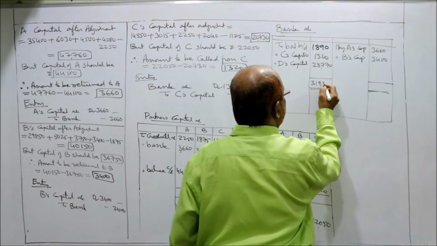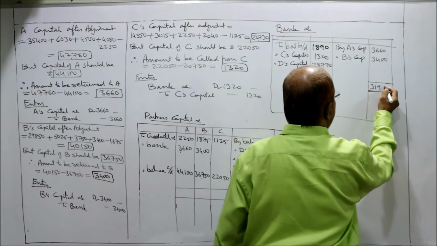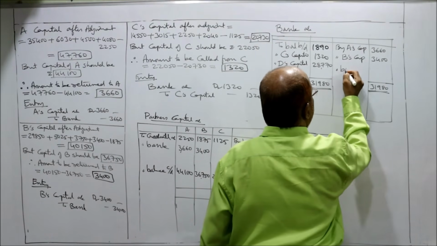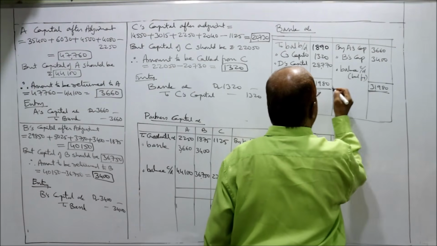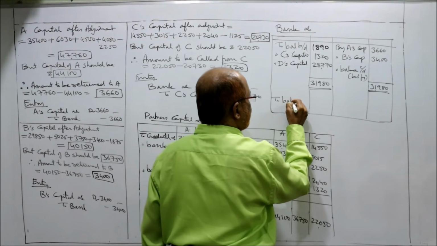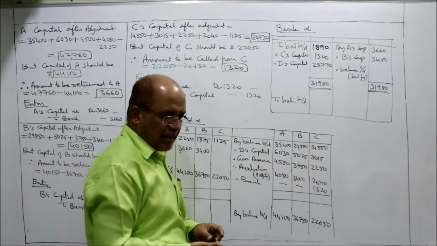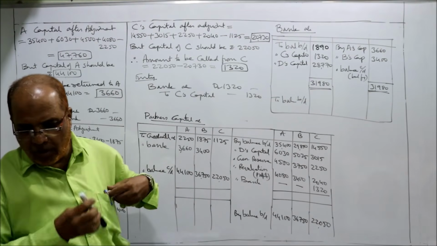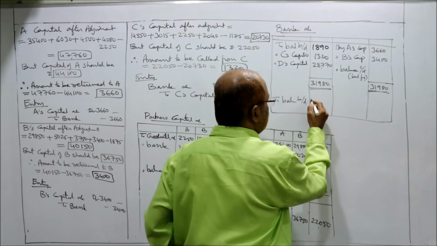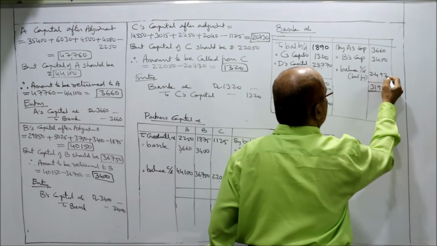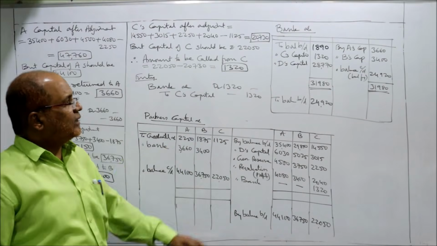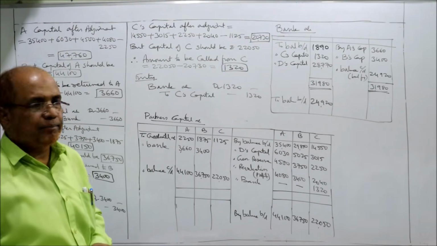By balance carried down, the balancing figure, to balance brought on is 24,920. 24,920 is the bank balance remaining.